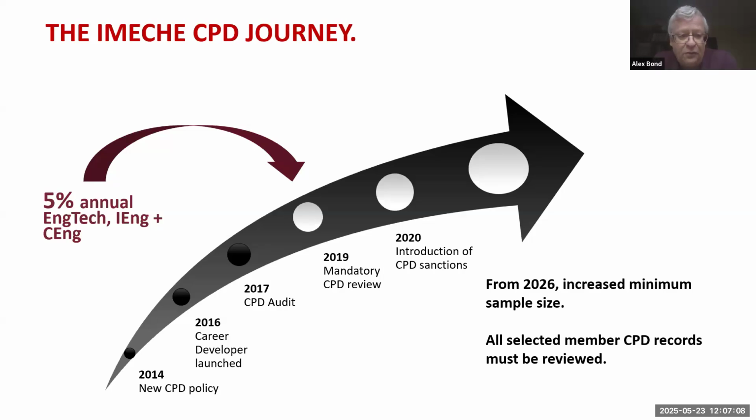Moving forward, everyone in the selection process will have to submit. And that means essentially for us as the assessors, a doubling of the number of assessments that we have to do each year. So it's going to be quite a big change to what we're expecting to see.